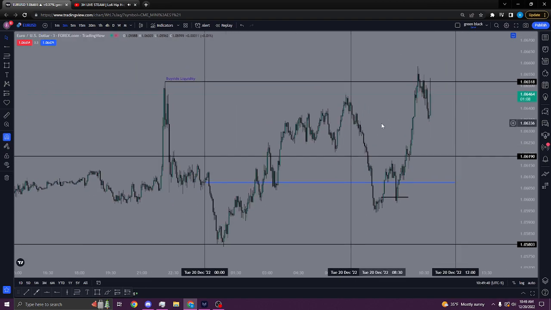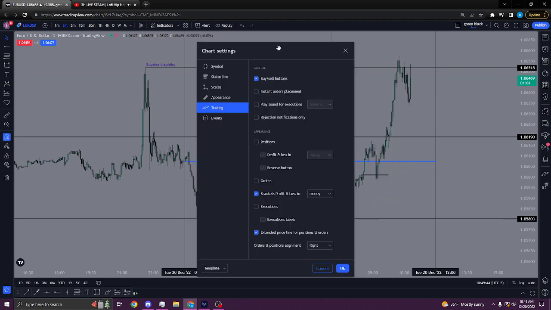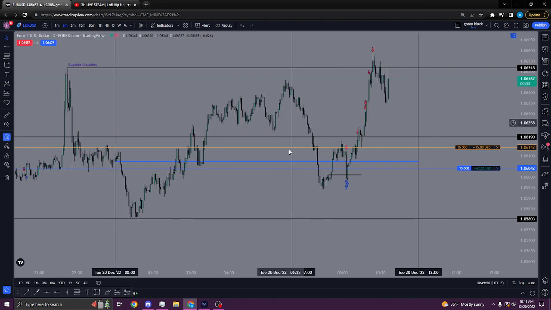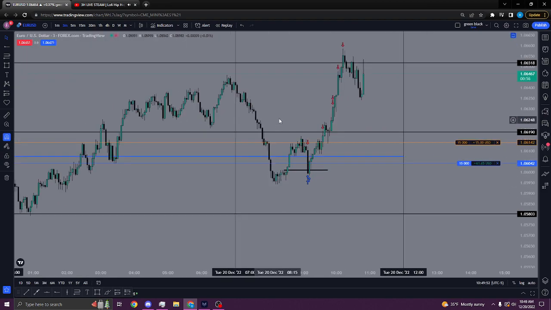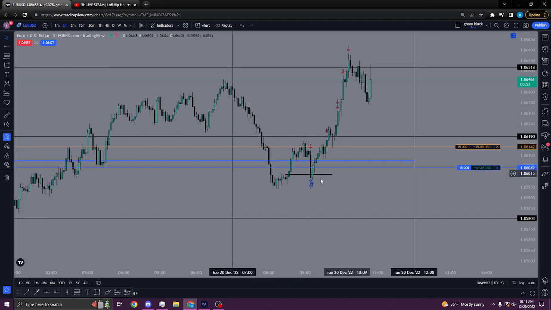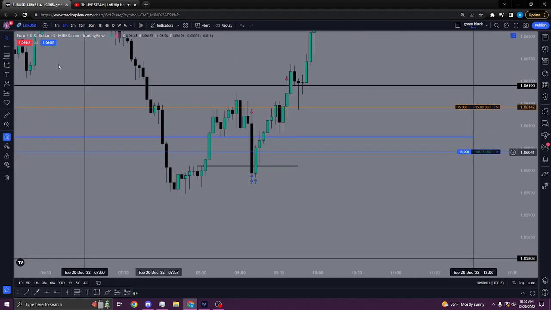I wanted to just go over something real quick because I did take a loss today. Let me show you. I did take a loss today. I was too impatient. So price was trading lower into this fair value gap here. This fair value gap here.